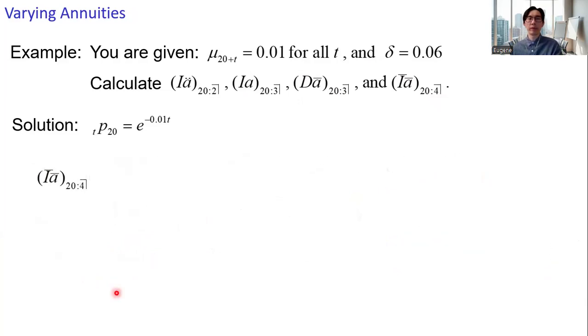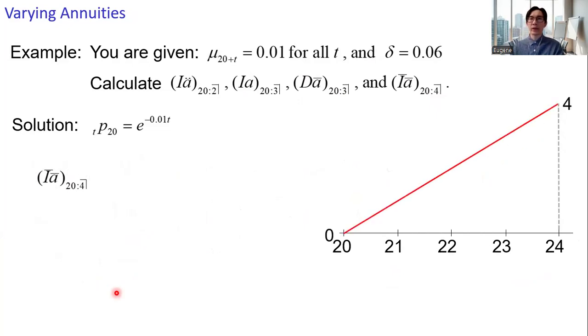The last one is a 4-year term continuously increasing annuity. So the payment rate is a continuous function. Set up the integral to get the actuarial present value. This is the integral from t equals 0 to 4.